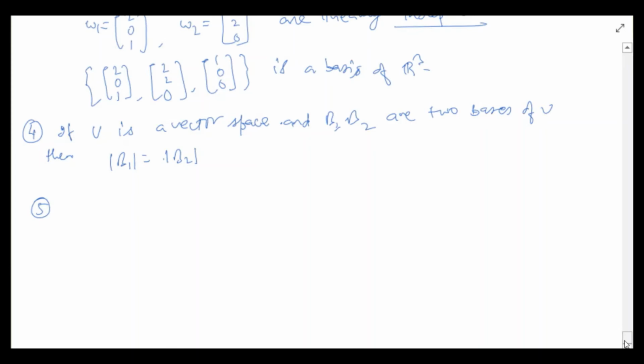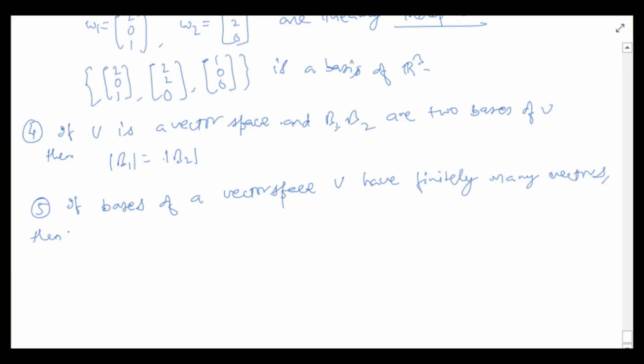It says that if the basis of a vector space V has finitely many vectors, that is if the cardinality of the basis is finite, then V is called a finite dimensional vector space.